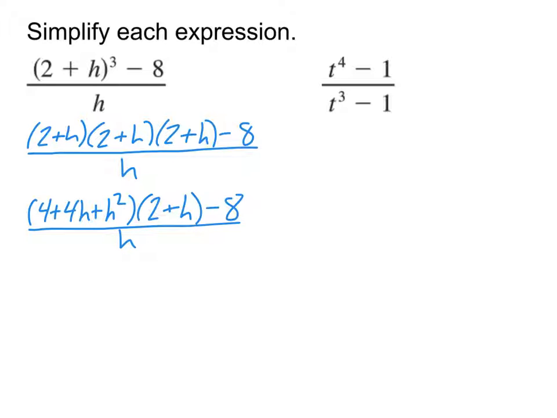And so when multiplying these together, I first multiply just 2 of the 2 plus h's, multiply those together, and then once we've done that, we're going to have to multiply everything in that first parenthesis by everything in the second parenthesis here.